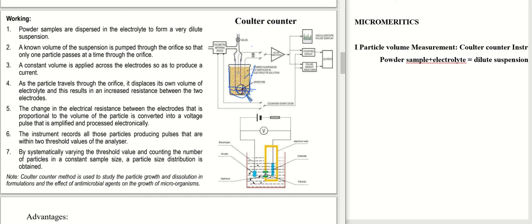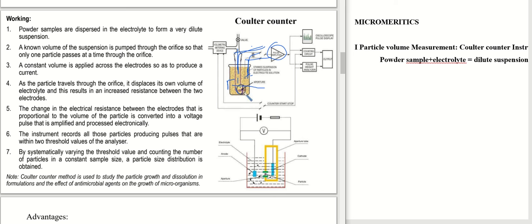Here the electrodes are connected to the pulse amplifier, and these are set up in such a way that when a constant amount of electrolyte is passed through this orifice, there will be some change in the voltages.